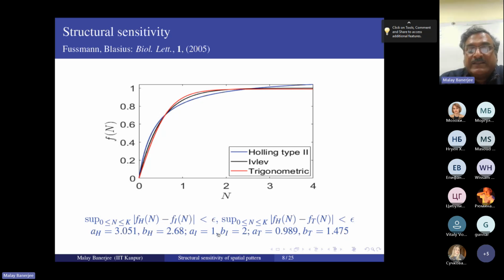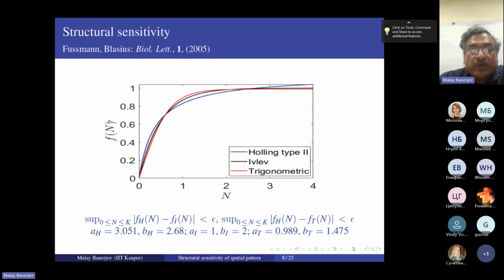We can have these estimates for AI, BI and AT, BT. These are given by these values corresponding to AH equal to 3.051 and BH equal to 2.68. So these two values are the same as they have used in the paper by Fussmann and Blasius.